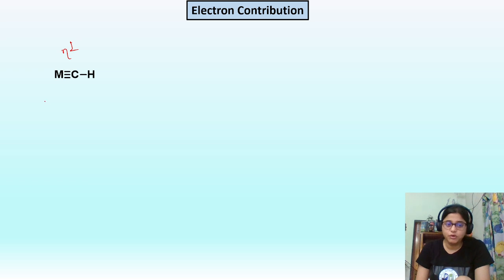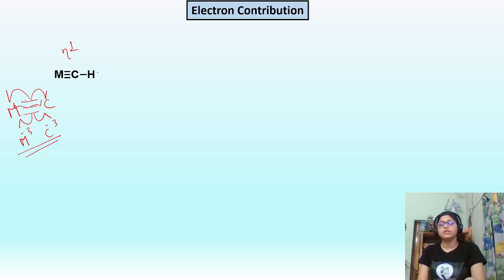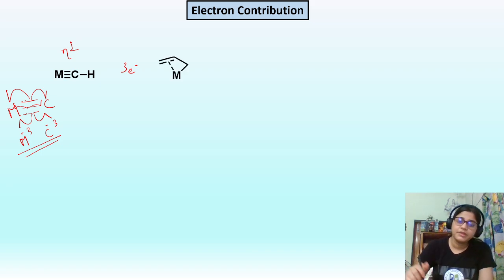No, right? 3 bonds are there, so we have to homolytically cleave 3 bonds. Metal and C will be 1 here, 1 here, 1 here, so total 1, 2, 3. So the total contribution after homolytic cleavage is 3 electrons.